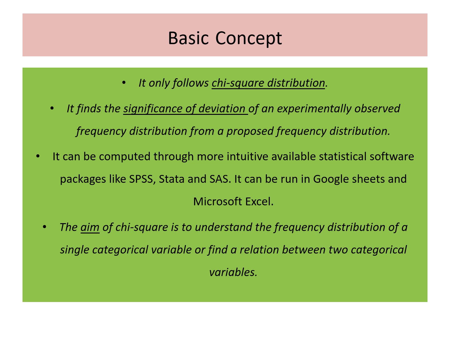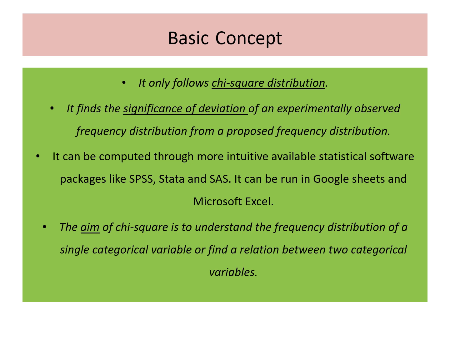This proposed part is the theoretical one and the experimentally observed frequency is the practical one. It can be computed through more intuitive, available statistical software packages like SPSS, Stata, SAS. It can be run in Google Sheets and Microsoft Excel also.